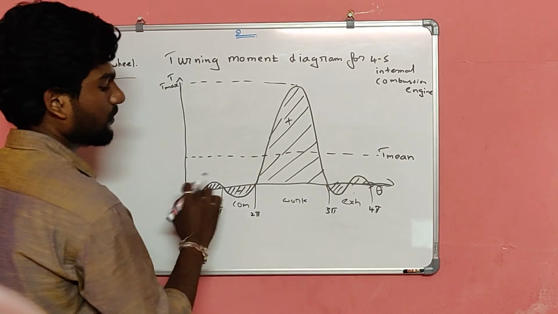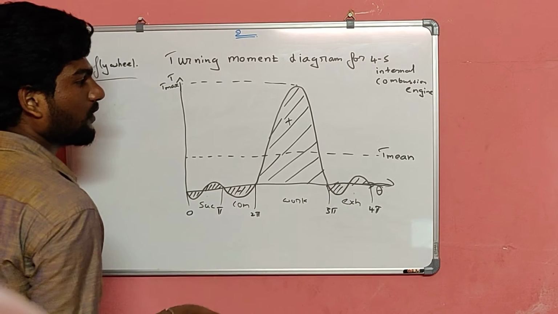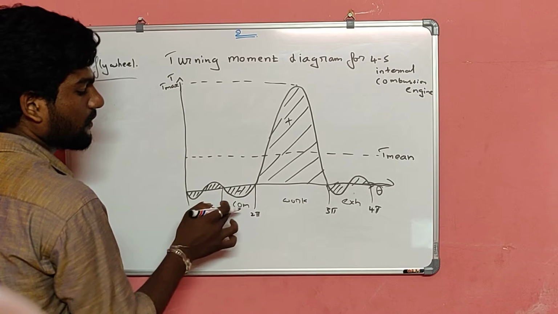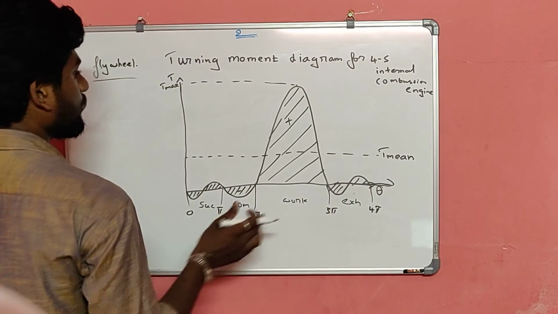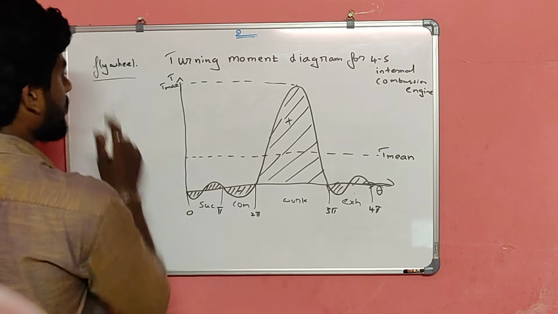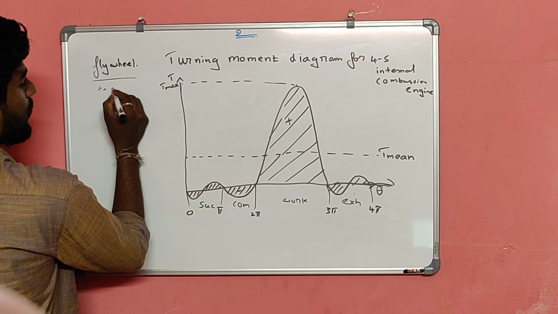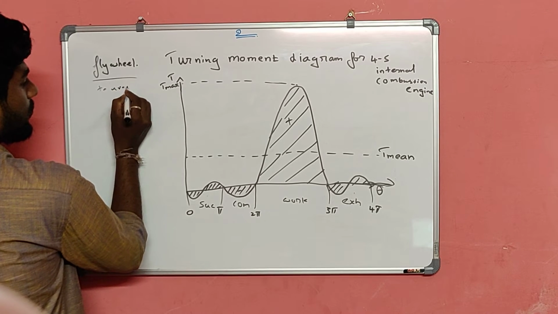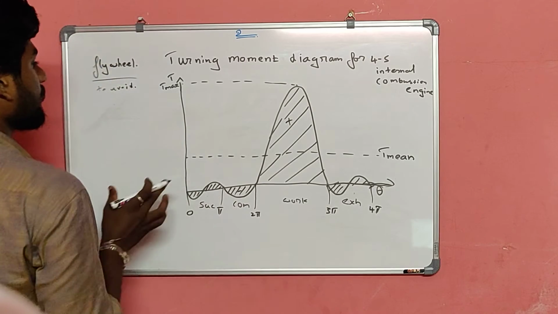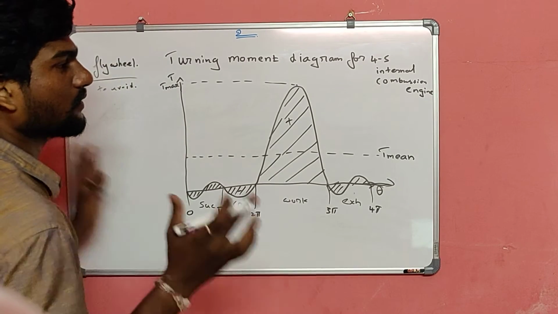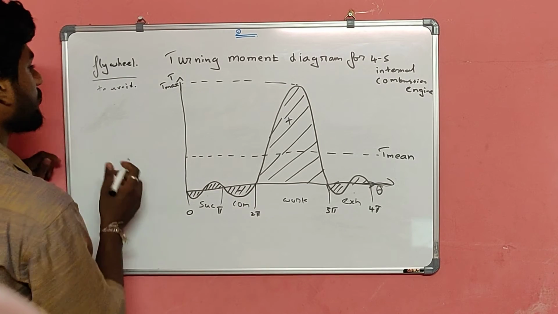In the remaining three strokes we will have to give power to the gas, and somewhat in a partial way. So to avoid the fluctuation of energy, flywheels are used. We will not completely avoid it; to the maximum extent we will keep the fluctuation of energy within some range.